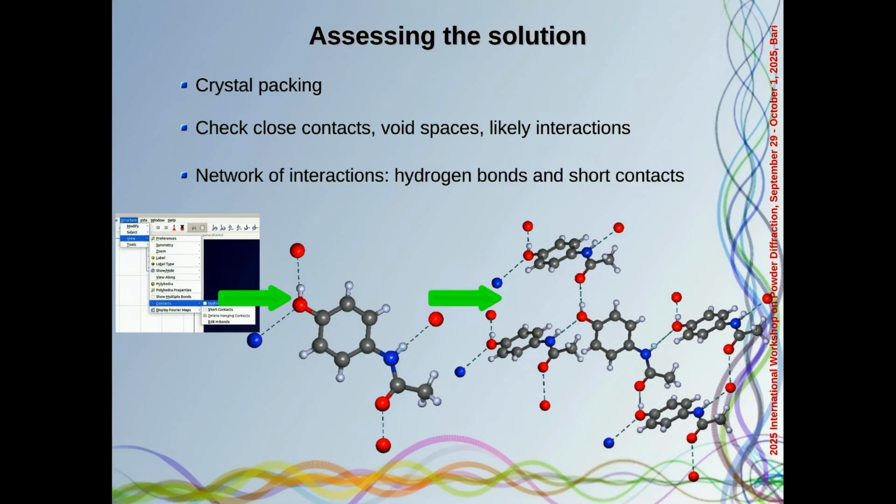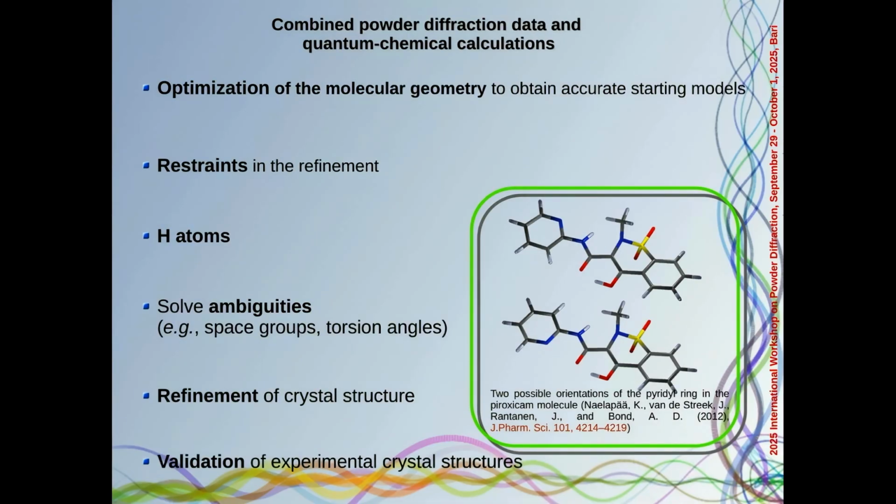It could also be important to check visually the crystal packing: whether there are close intermolecular contacts between atoms, or large void spaces, which typically are unlikely unless you suspect the presence of solvent molecules. It could also be important to check the network of interactions.